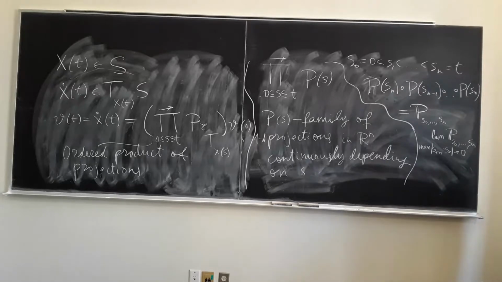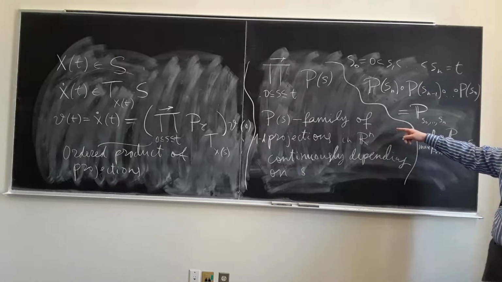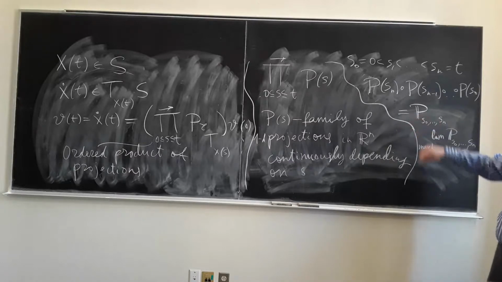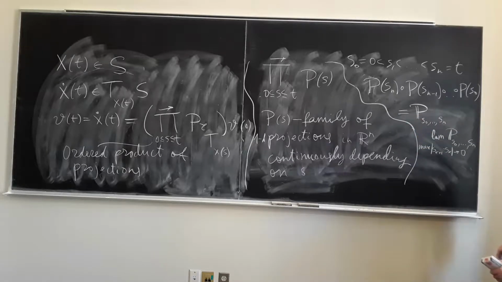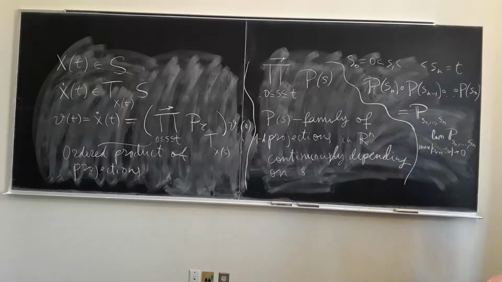So instead of taking just all the points between 0 and t, we take discrete points, as with everything where we did such a discrete approximation.